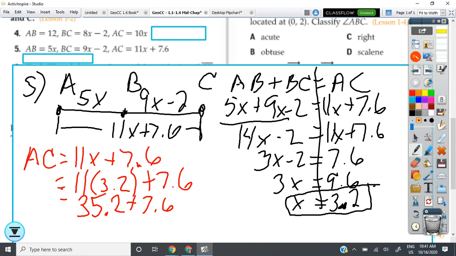I wouldn't recommend doing it the long way here. I'm not here trying to test your arithmetic. It'll cost you a lot of time.